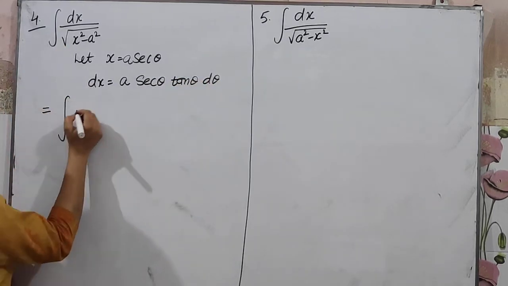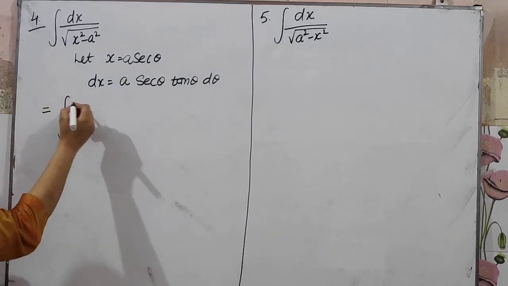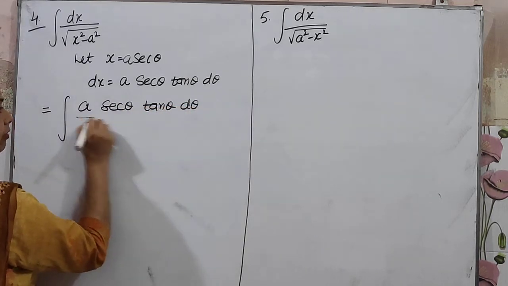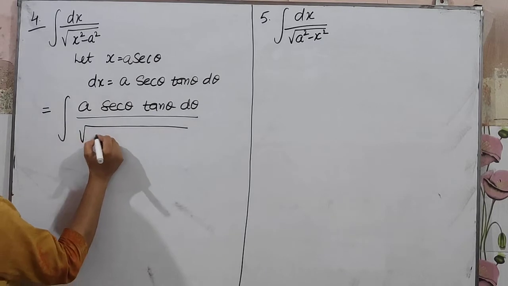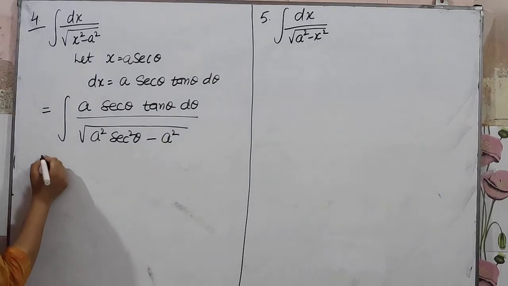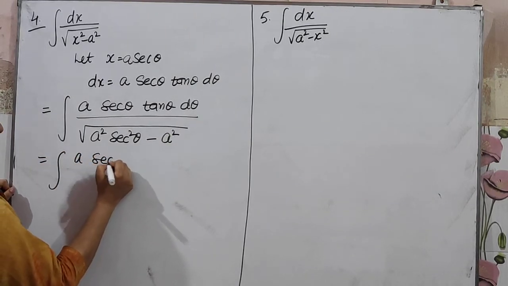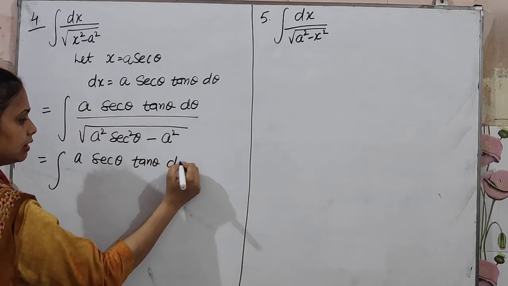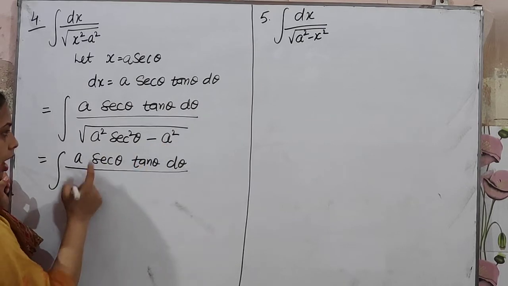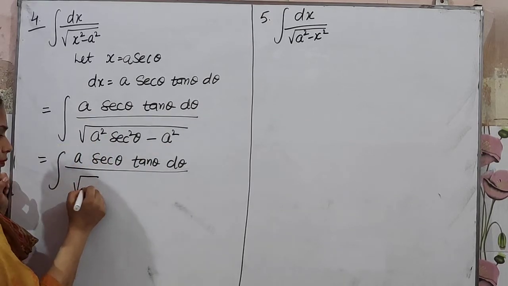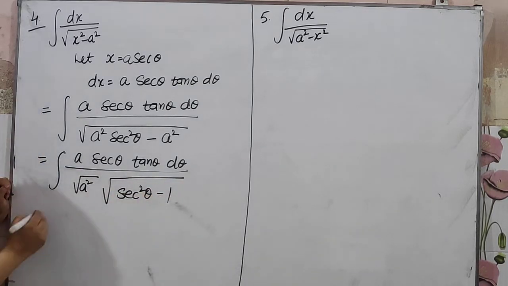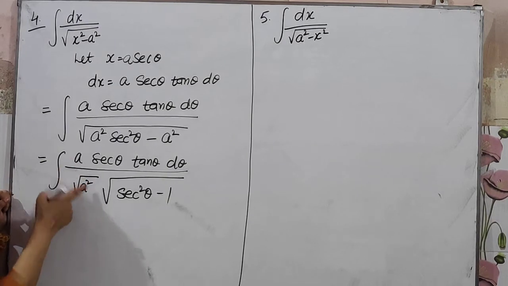Substitute here. It becomes a secant theta tangent theta d theta divided by under root of a square secant square theta minus a square. The numerator will remain the same. Here you can see a square is common, and under root of a square will come out. What is left inside? Secant square theta minus 1. The a will cancel out.